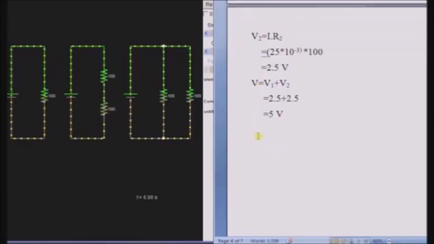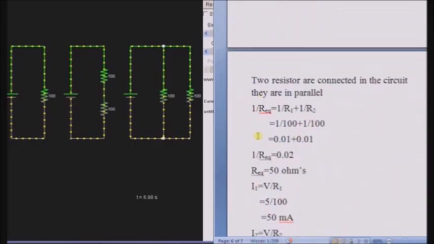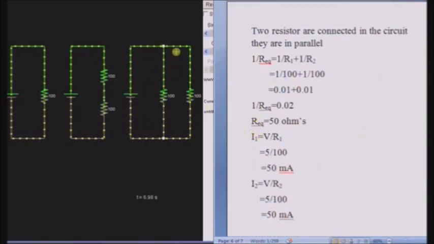Now we will see how to calculate the current and voltage in a parallel circuit. When the resistors are connected in this fashion, the resistors are said to be connected in parallel.